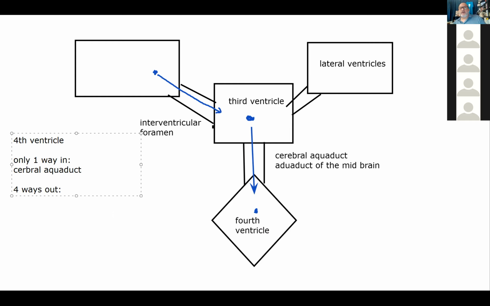The first 2 of these ways are off to the side. And actually, I'm going to draw these in red because it amuses me to do so. There are 2 openings to the sides. Not surprisingly, these openings to the sides are known as the lateral apertures.